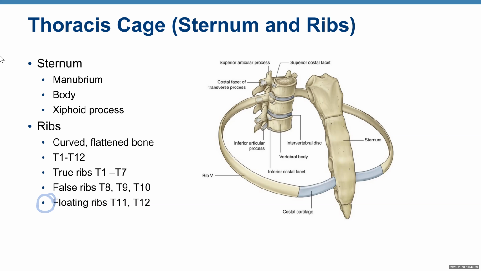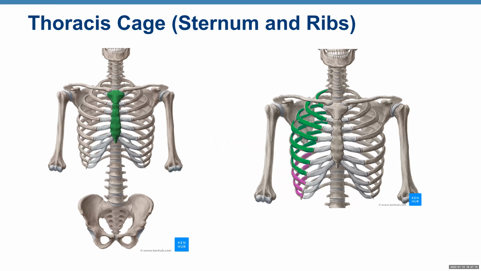Now, why do we have these names? If we move back over here, you can see that true ribs have 2 points of attachment. They attach to a vertebra, and then each rib has its own costal cartilage, and it's attached to the sternum through its own cartilage.